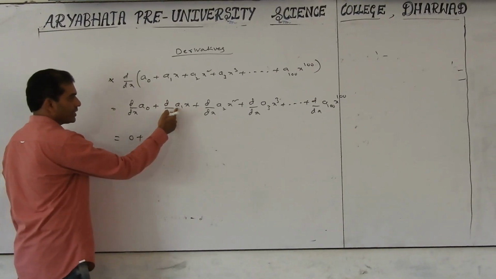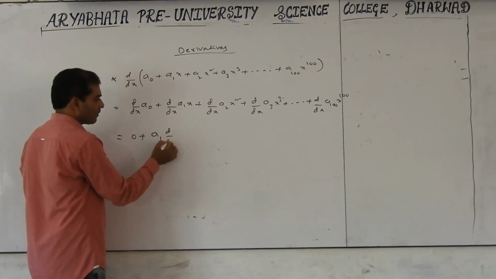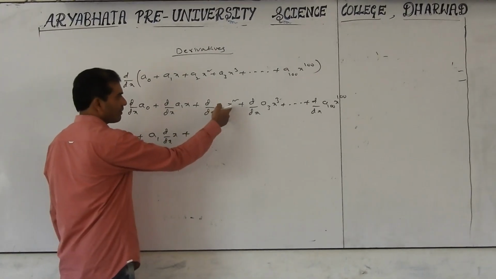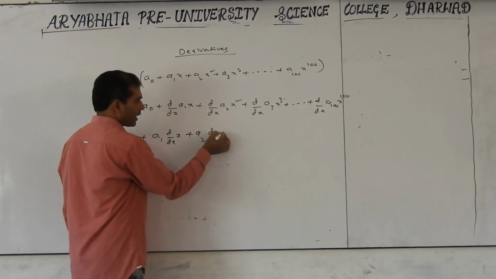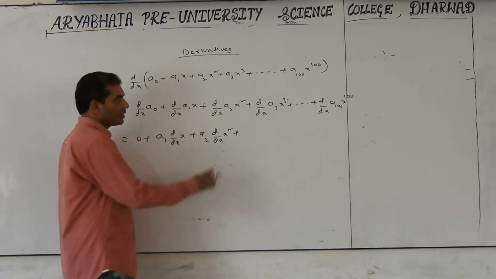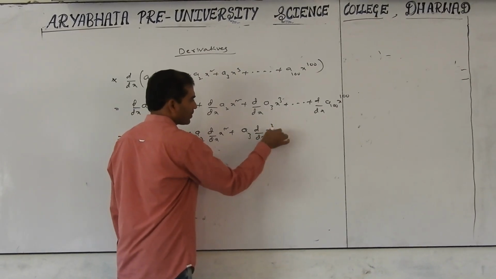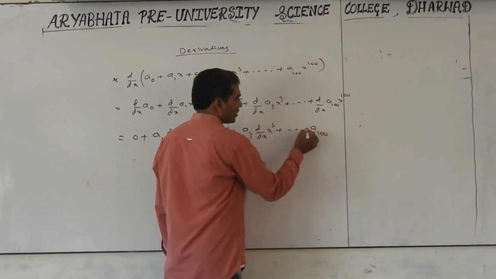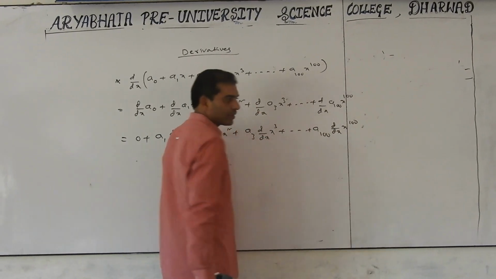In this, the constant is a1, then d by dx of x, plus in this the constant and function are there. Take out the constant a2, d by dx of x squared, a3 d by dx of x cube, plus so on, a100 d by dx of x power 100.